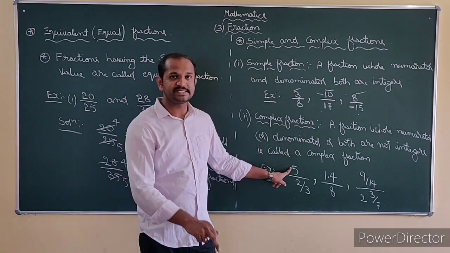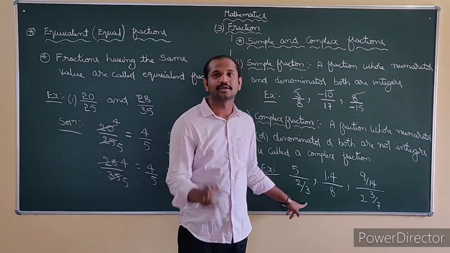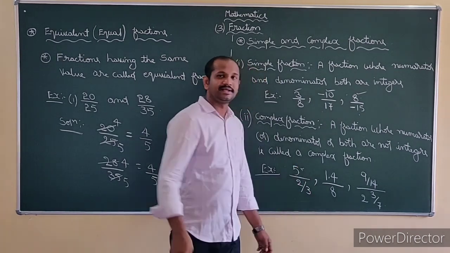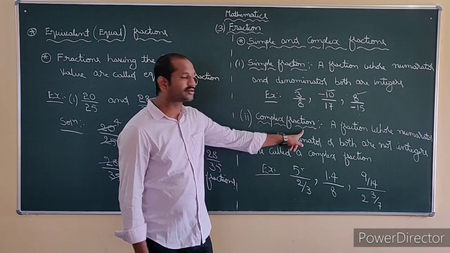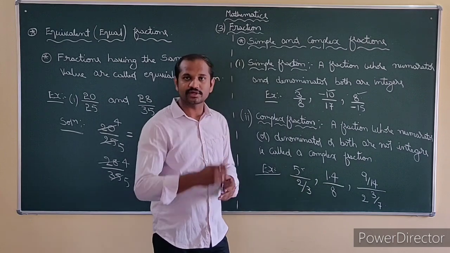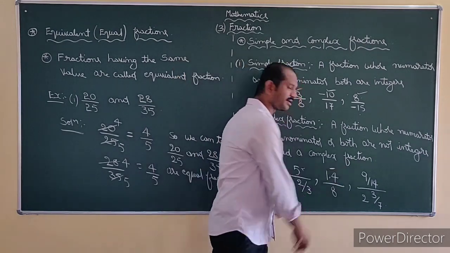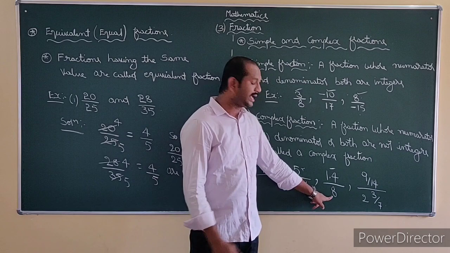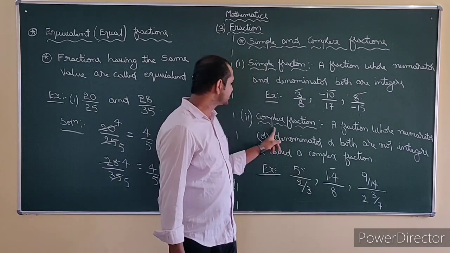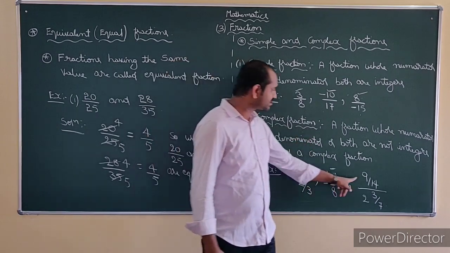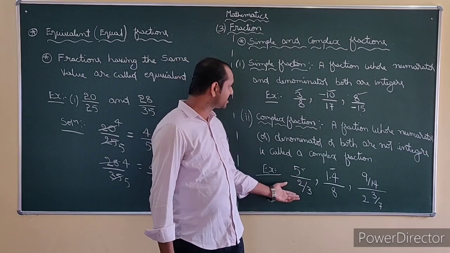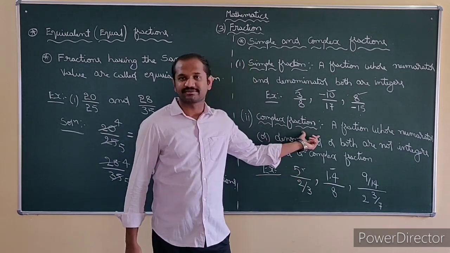Example: 5 is an integer, but 2 by 3 is a rational number, so this is not an integer. So it is called a complex fraction, not a simple fraction. 1 by 4 is not an integer, it is a decimal number. 8 is an integer, but since the numerator is not an integer, it is called a complex fraction. Next we have 9 by 14 and 2, 3 by 7. Both are rational numbers, hence these are complex fractions.